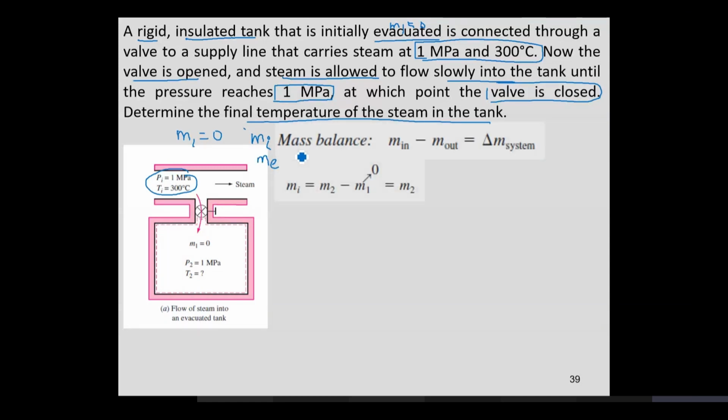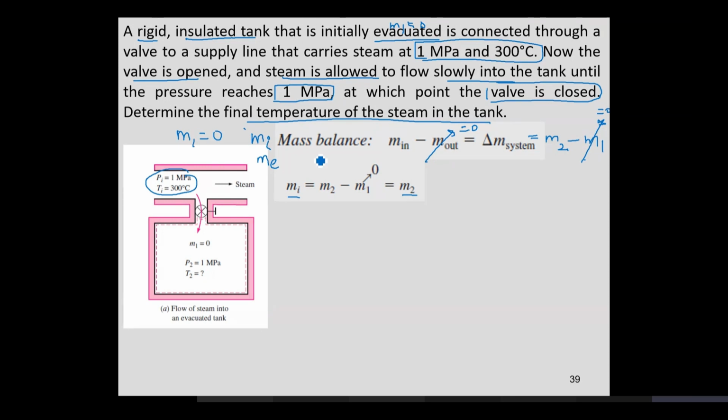If you look at the mass balance equation, it says that m in minus m out is equal to m2 minus m1, the mass at the final state and the mass at the initial state. There is no exit, so m out is 0. There is no mass leaving the system. Initially, at time t equals 0, m1 is 0. So the inlet mass is essentially equal to the mass at the final state. Whatever entered through the inlet was there in the system at the final state.